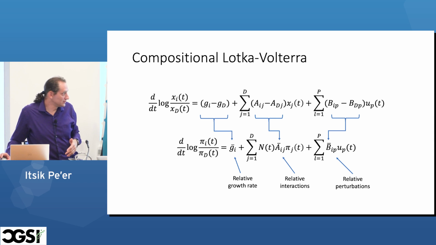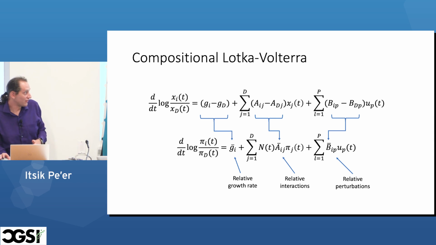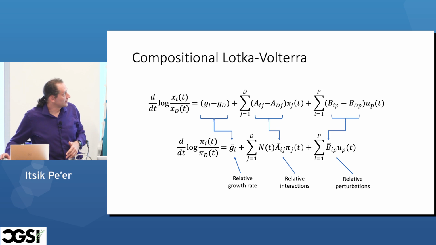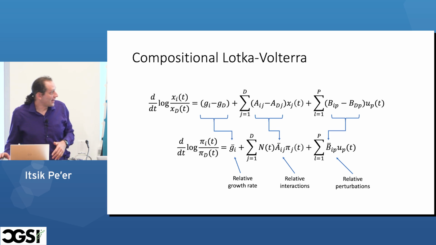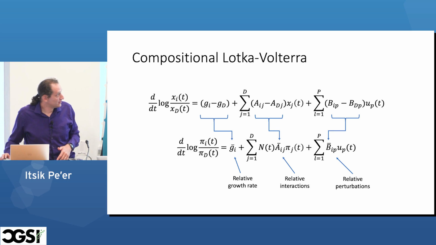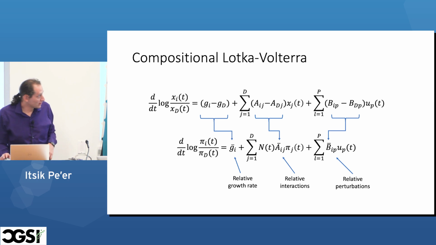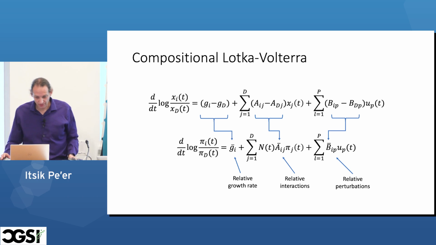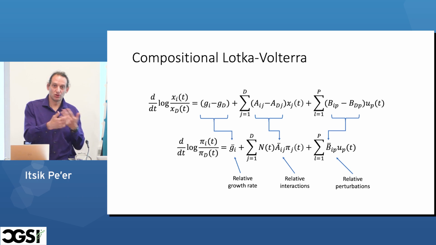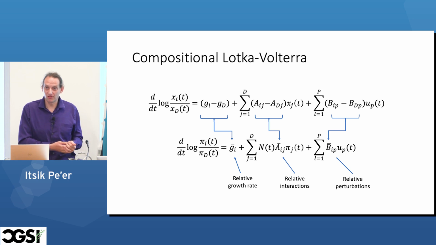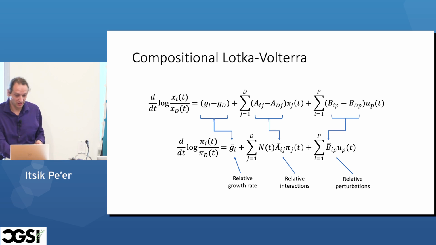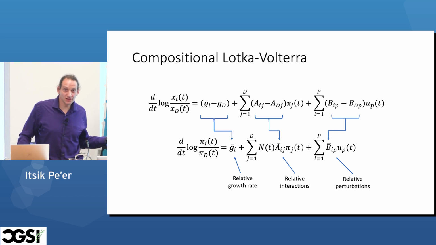We get a new equation that's very similar. So instead of growth rates, we have relative growth rates and relative effects of intervention and so on. There is one annoying factor here, which is the overall total community size at each time t, which is unfortunately not a constant.